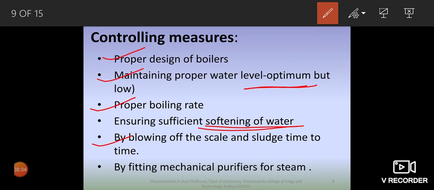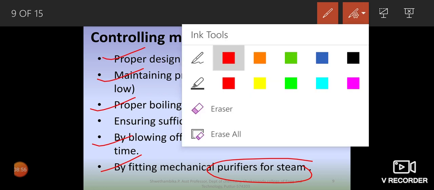So if you remove that scale and sludge, indirectly priming could be eliminated. Then this is a mechanical approach, where you fit a mechanical purifier for the steam. Actually steam would be going out as wet steam, but while going out you apply a mechanical purifier, and only dry steam is allowed to move ahead.